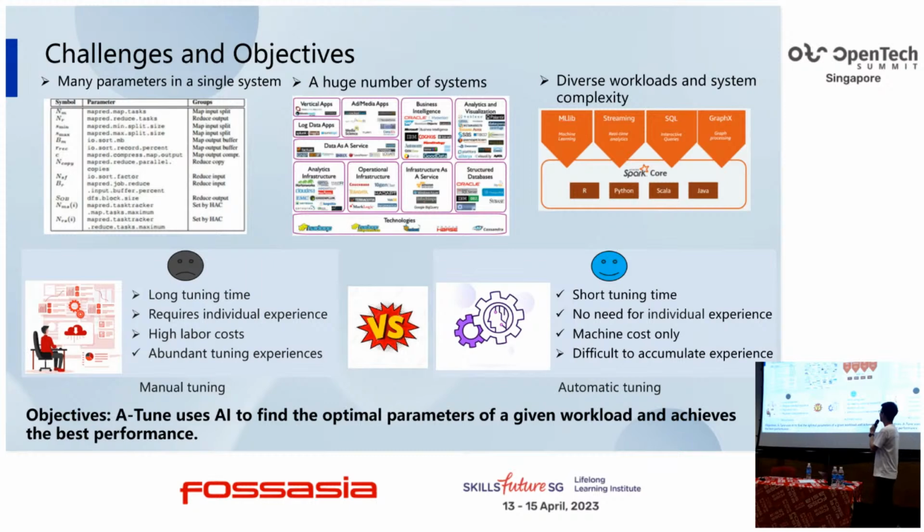For example, it only needs short tuning time, there is no need for individual experience, and it only needs machine costs. Therefore, the objective of A-Tune is that, given a workload, we want to use AI to find the optimal parameters for the given workload and achieve the best performance.